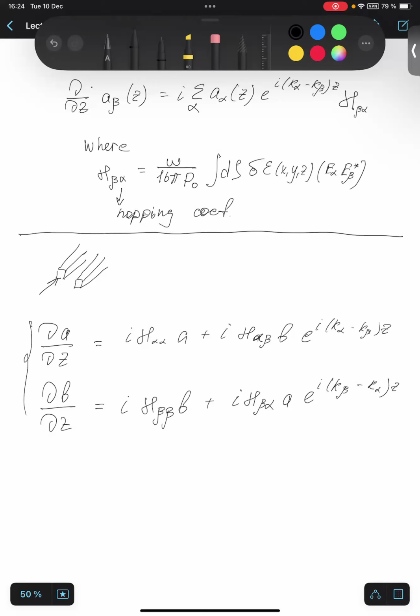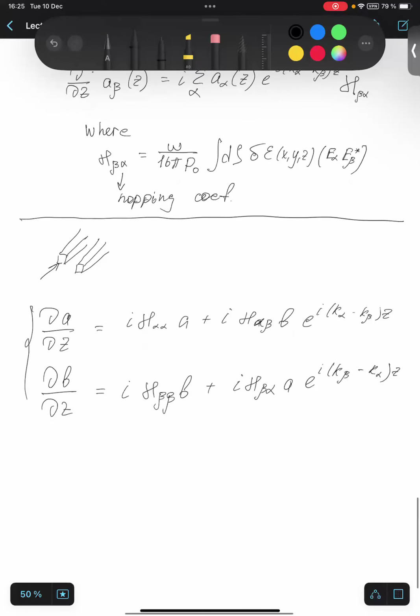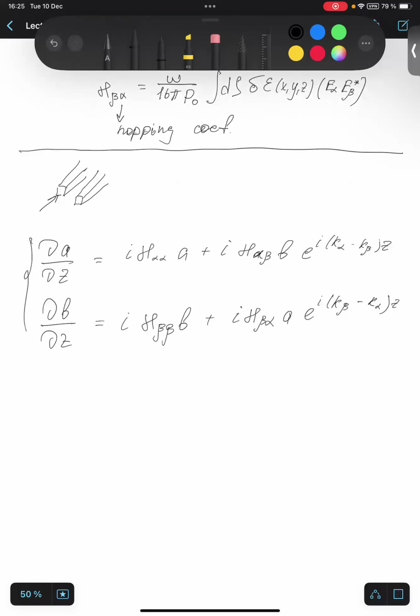So this is our system for such a situation. You see, these hopping coefficients say that if they are non-zero, one mode will generate another mode, and vice versa.